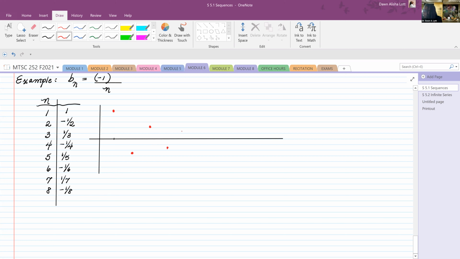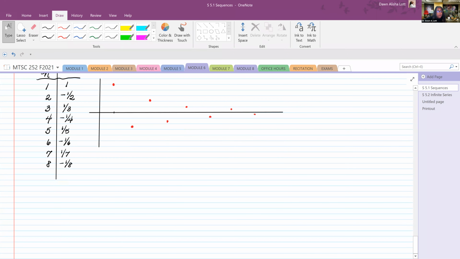And when n equals 5, I'm at 1/5. And when n equals 6, I'm at -1/6. And n equals 7, I'm at 1/7. And at n equals 8, I'm at -1/8. Well, as you can see, all of these numbers are trying to go to 0. Okay, even though they're alternating back and forth, their limit is still 0.